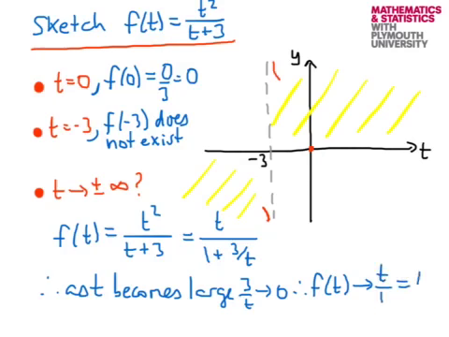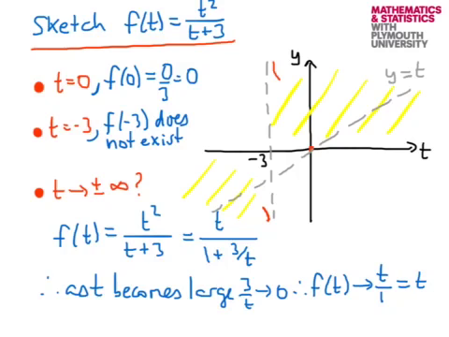In other words, it's going to approach t. So this tells us that for very large values of t, the line y equals t, that I'm roughly sketching here, is going to be an asymptotic line that our curve will approach.